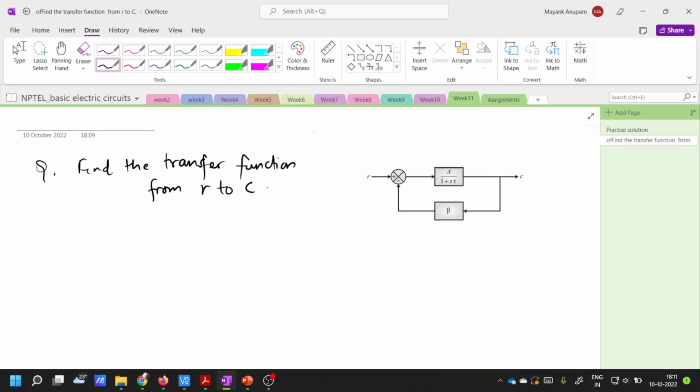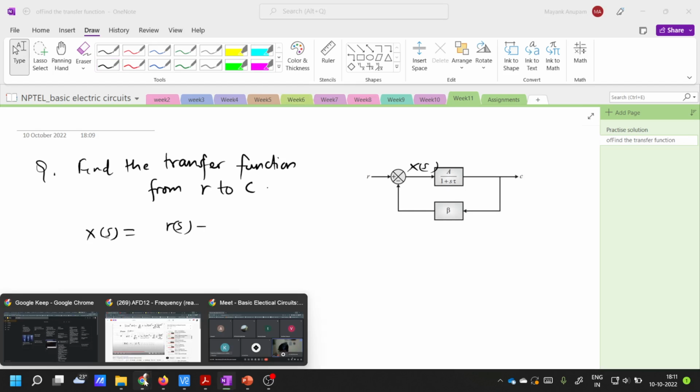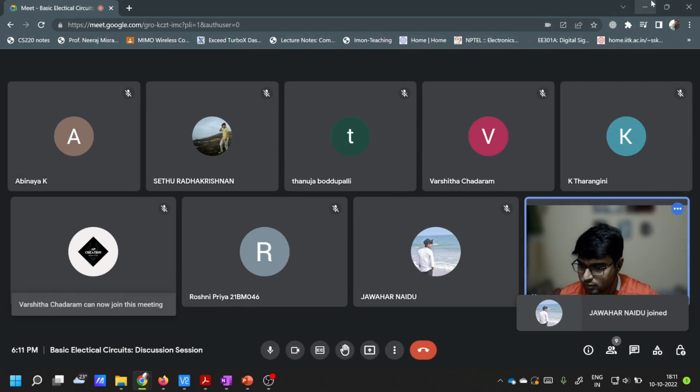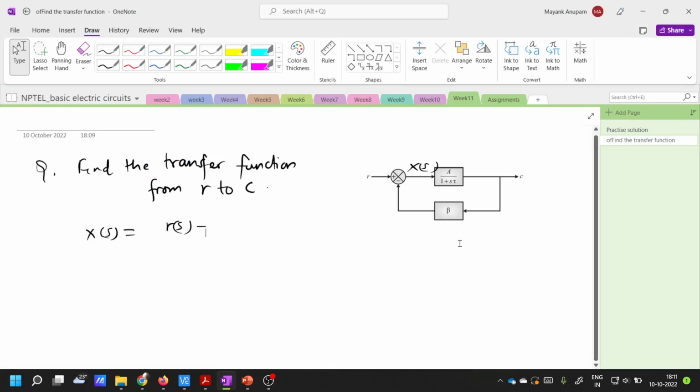So let's represent this node, this particular place, as some x of s. Okay. So what is the equation for x of s?